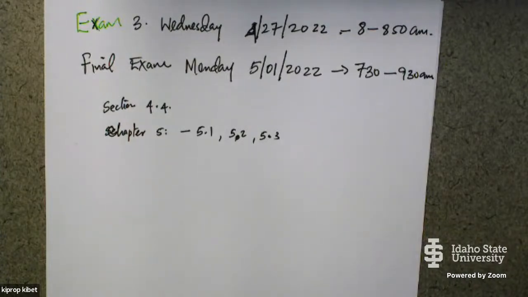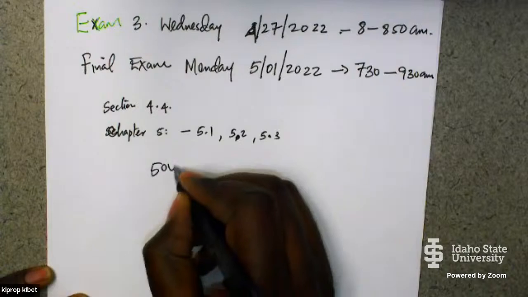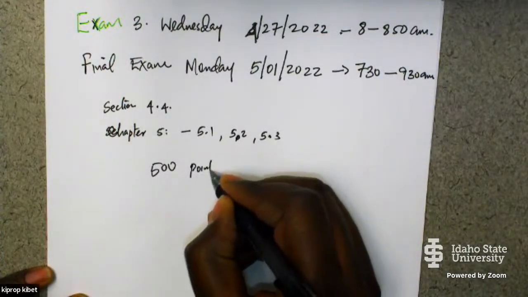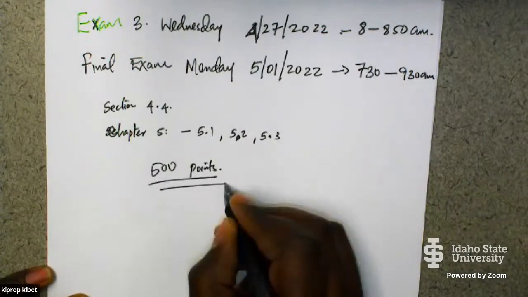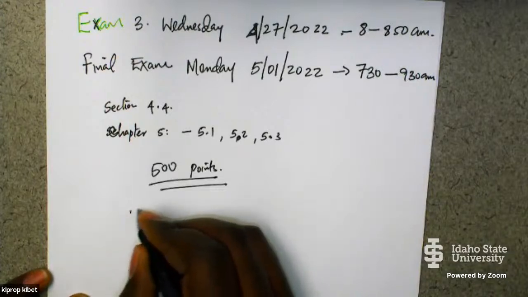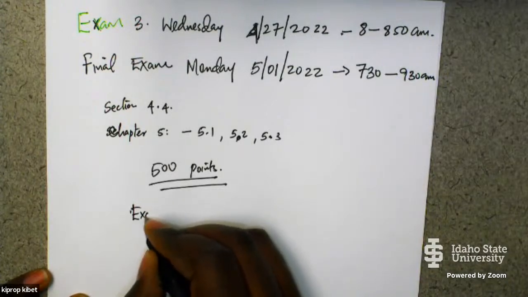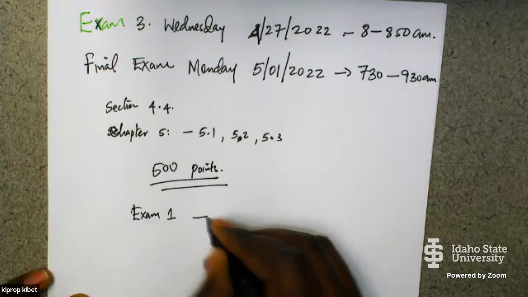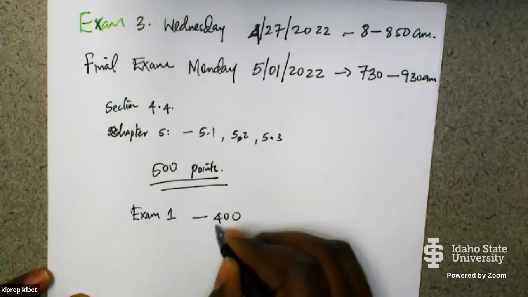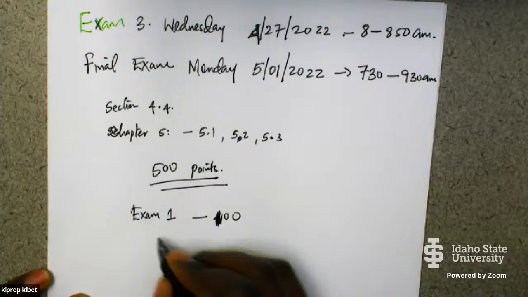Okay, so your grade is out of 500 points. The first exam is 100.